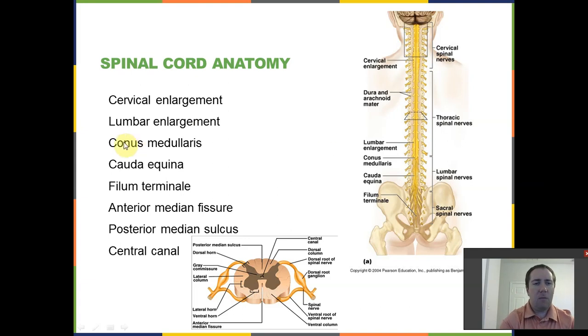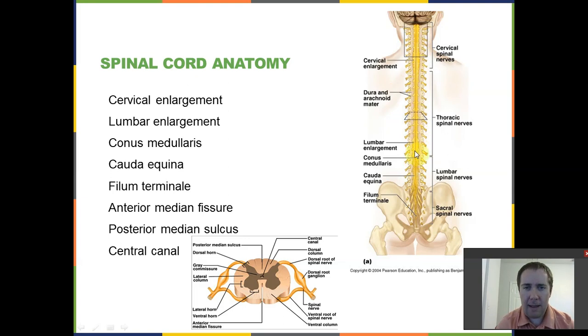Down below that, we have the conus medullaris, which is right here. And on this diagram, it's not incredibly easy to see if you don't know what you're looking for. But if you look at the spinal cord, start up at the brain and follow it down, and there's a very solid yellow spinal cord.